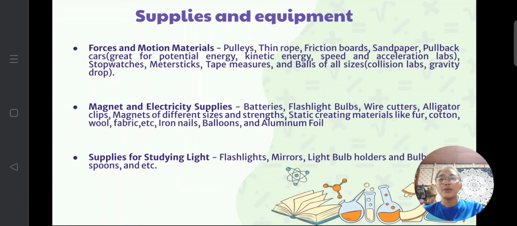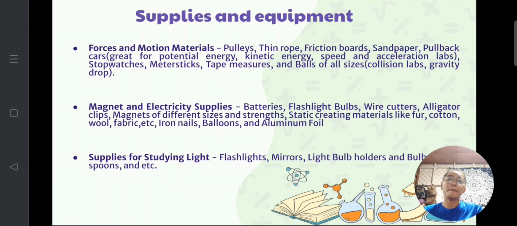So what we have is the pulleys, thin rope, the friction board, sandpapers, pullback cars for the great potential energy, kinetic energy, speed, and acceleration labs, and also the stopwatch, the meter sticks, tape measures, and balls of all sizes for the collision labs, gravity drop.